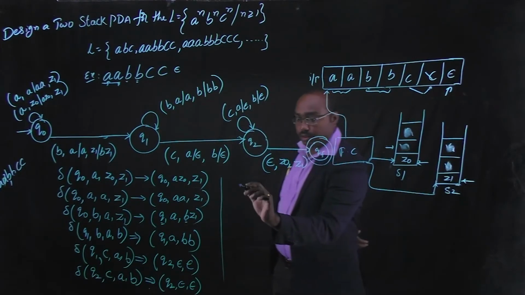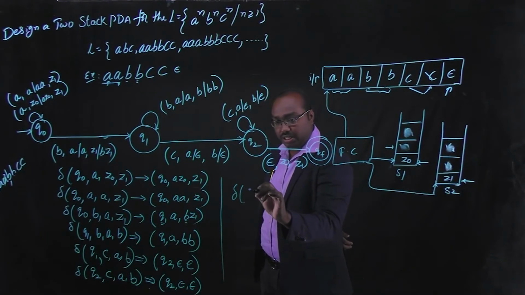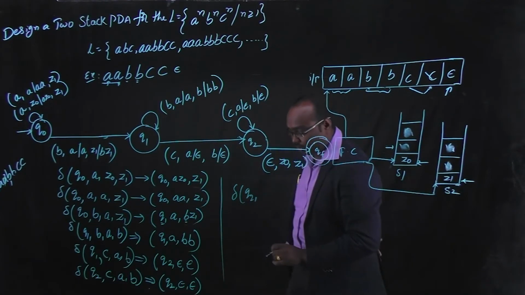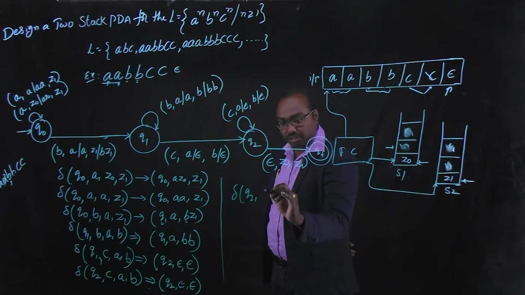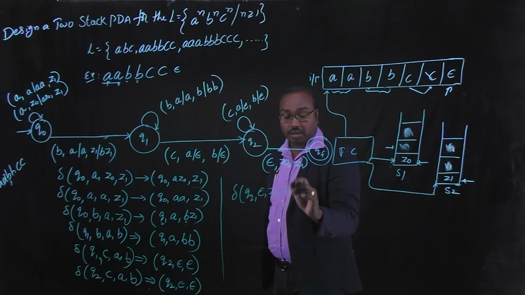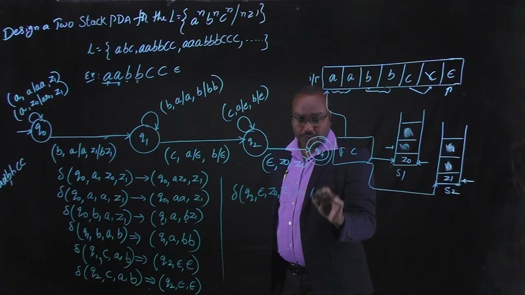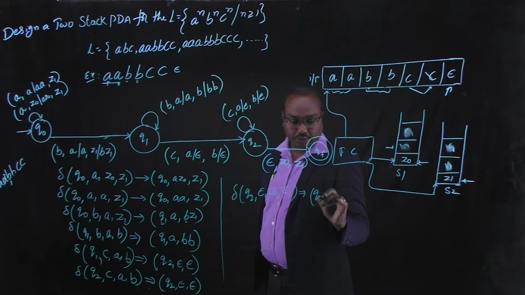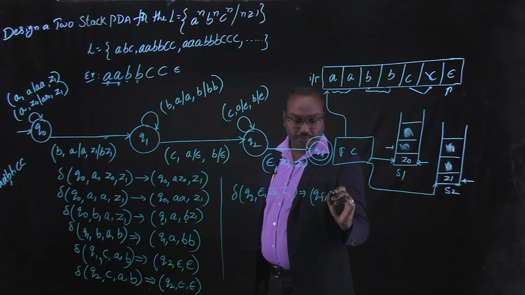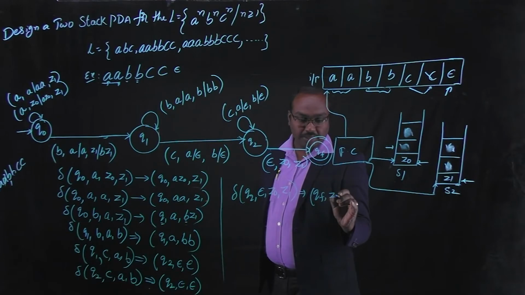Now I am in state Q2. If the input symbol is epsilon and stack 1 top element is Z0 and stack 2 top element is Z1, then we can move to state QF. What is the top element on stack 1?